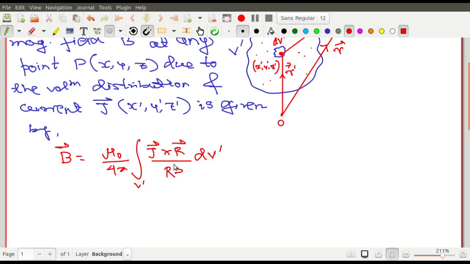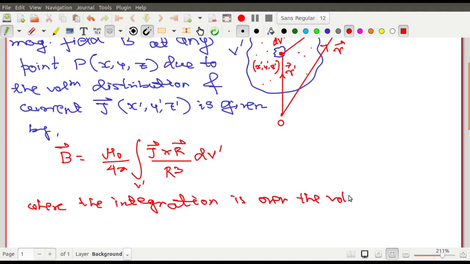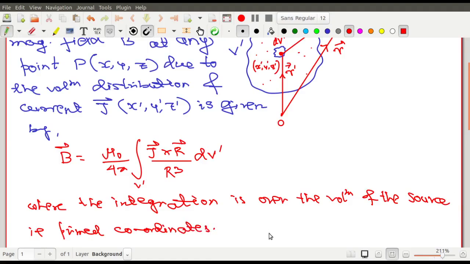Where the integration is over the volume of the source. You should write it: where the integration is over the volume of the source, that is the primed coordinates.